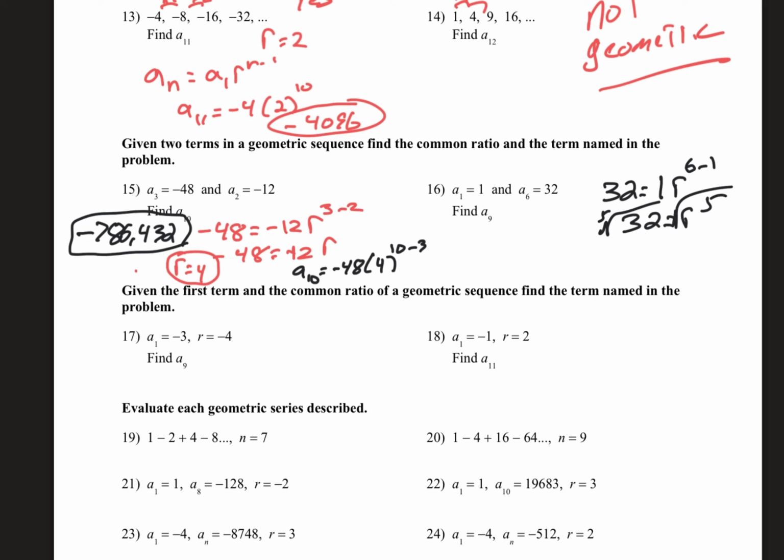The 5th root of 32 is 2. So my ratio is equal to 2. So the 9th term is going to be 1 times 2 to the 9 minus 1. So 2 to the 8th is 256.